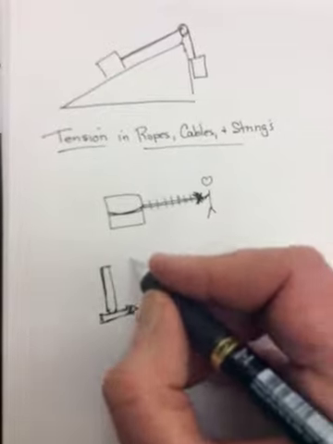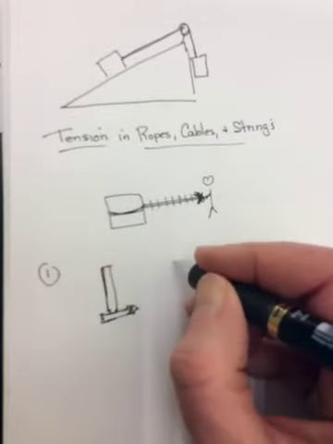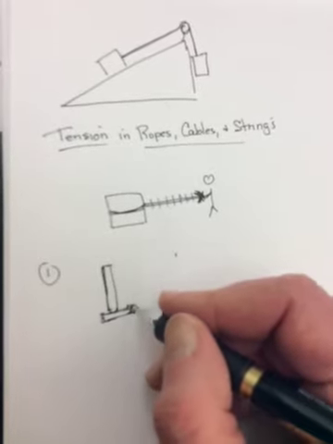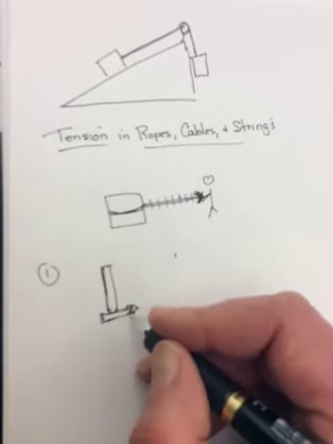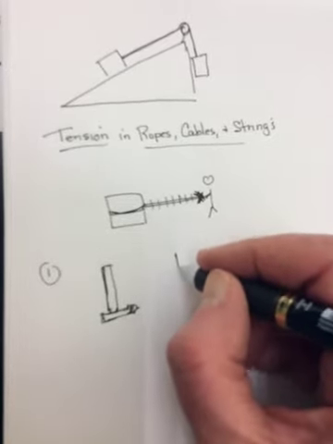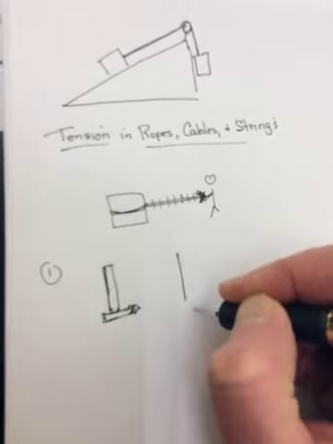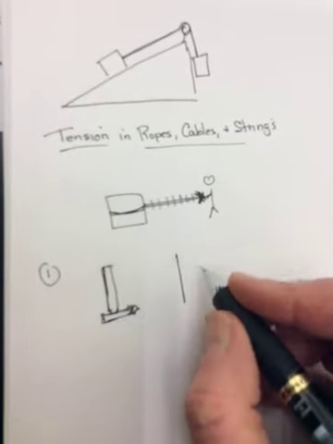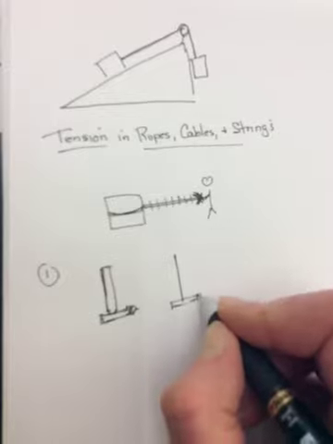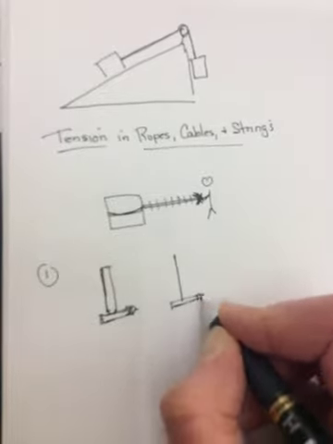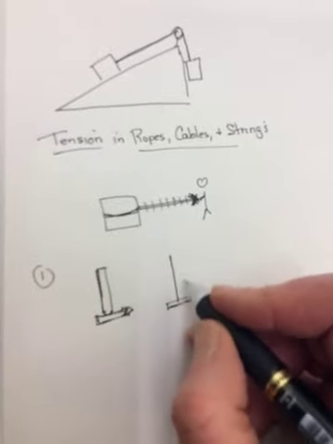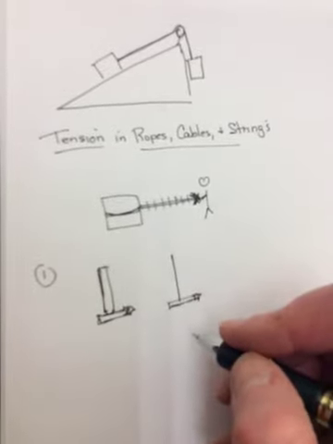What we want to be able to assume in assumption one is that the mass of the rope or the cable is negligible compared to that of the load that's on it. So if I'm going to hang a whiteboard marker off the rope, then I probably want a piece of dental floss or a fishing line or something like that, something whose mass is significantly small compared to the mass of the marker, so that its mass is not going to have an effect on the overall system.